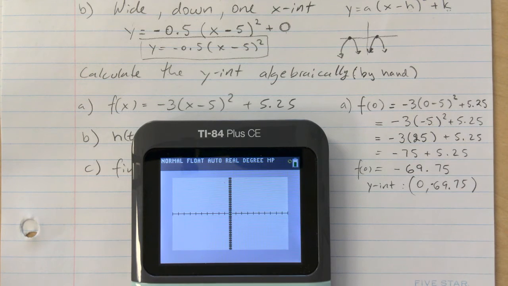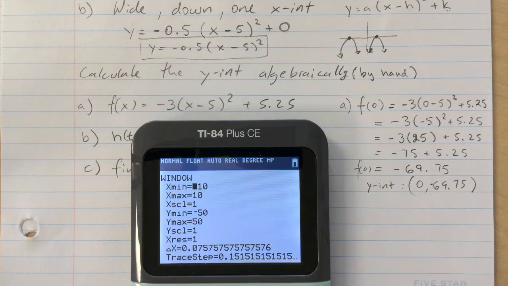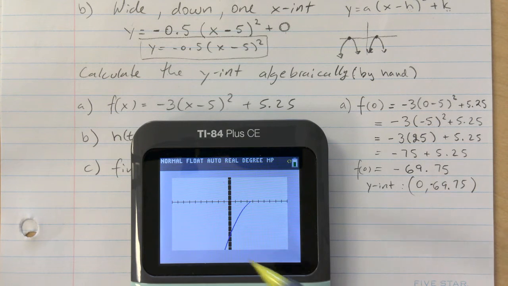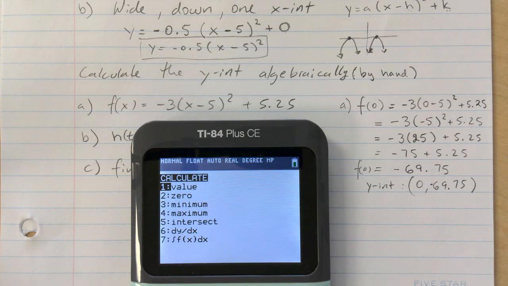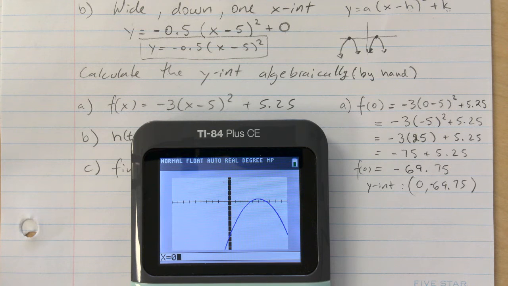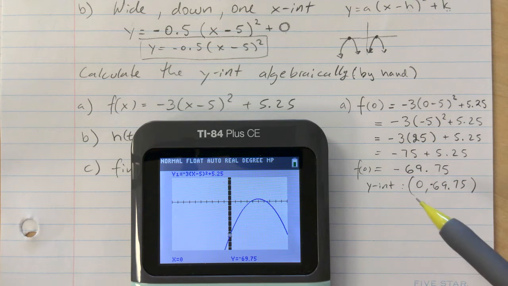Try to graph that, and there it is. If you want the y-intercept, you just change your window a little bit. Right there you see it crossing the y-axis, and then it's second trace 1, X is equal to 0, and you get that confirmation there, right? That you've done it right.